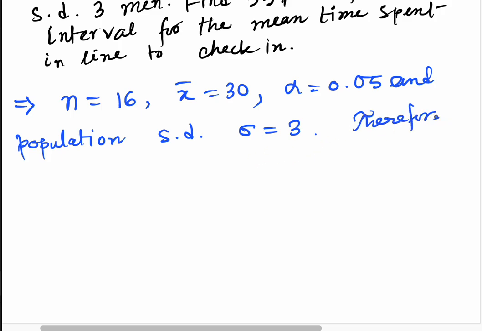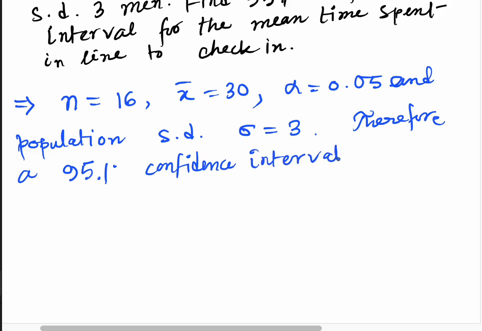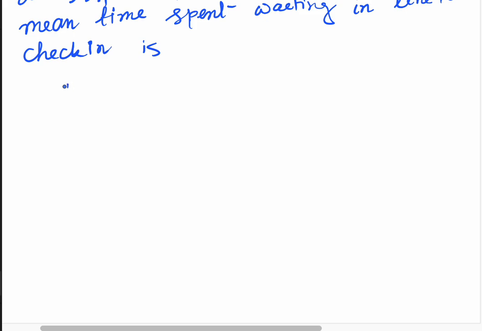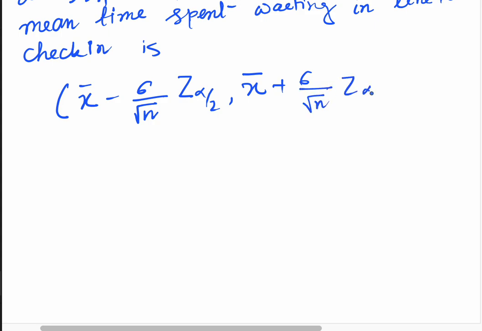Therefore a 95% confidence interval for the mean time spent in line to check in is x bar minus sigma by root n z alpha by 2, comma, x bar plus sigma by root n z alpha by 2.